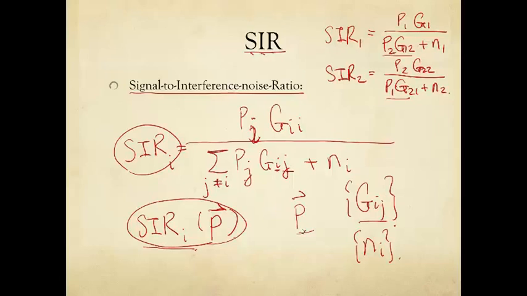So now our goal is to say all different transceiver pairs indexed by I would like to get a certain SIR achieved. So the question is, for a given set of G's and N's, can we find such a vector P? Is there such a vector P at all to achieve certain target SIR values?